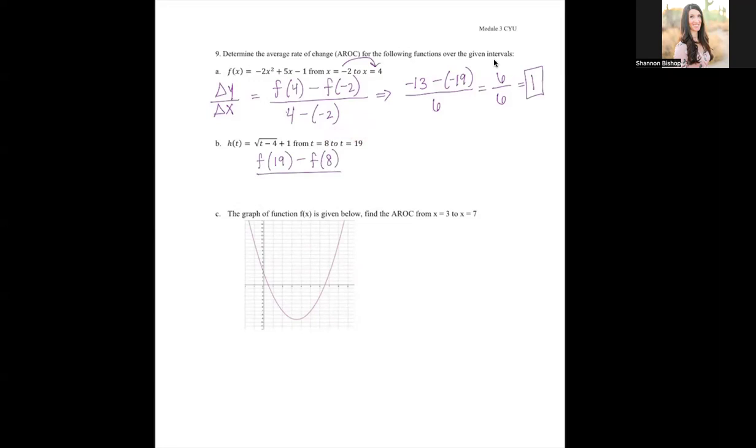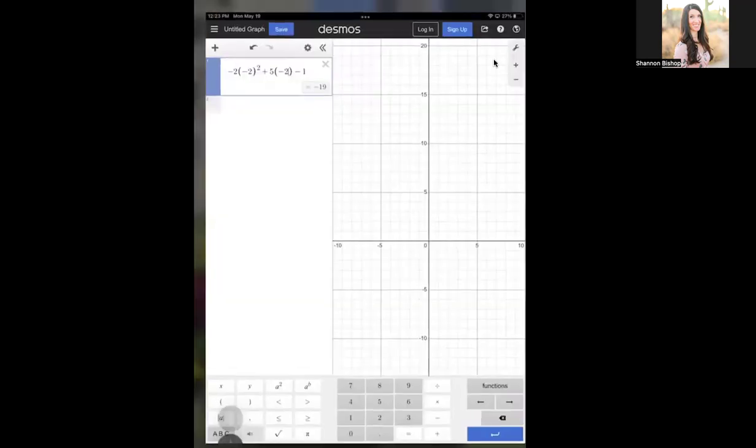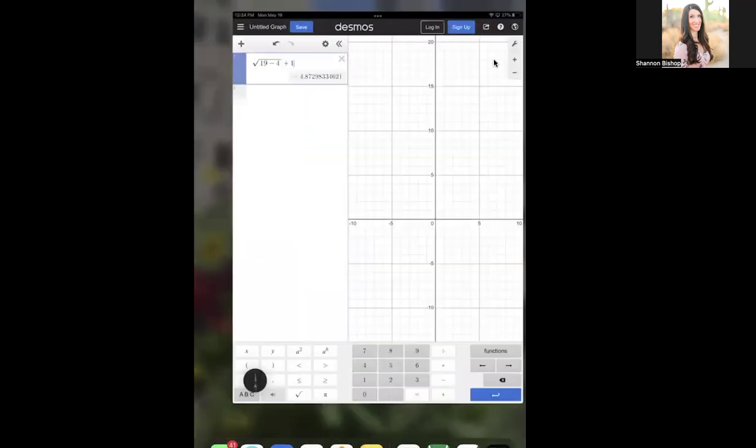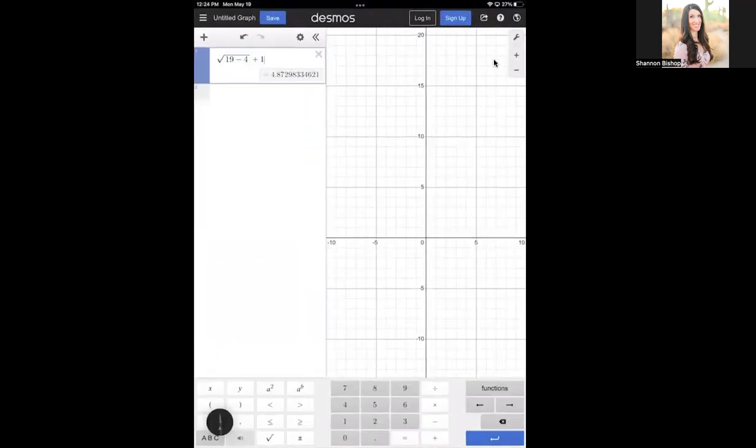It's because you have to take that ending value minus your initial or reference value. So 19 minus 8. So t minus 4 plus 1. So we have the square root of t minus 4, and then make sure you tap out of the radical to say plus 1. So the function value at 19 is going to be 4.87.